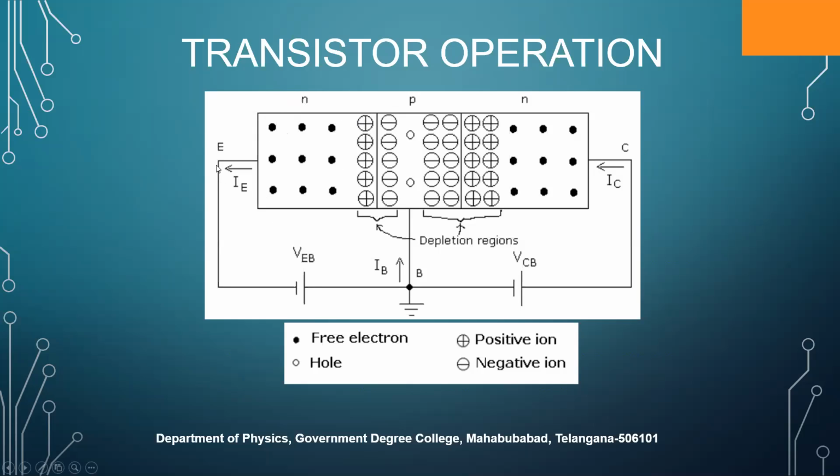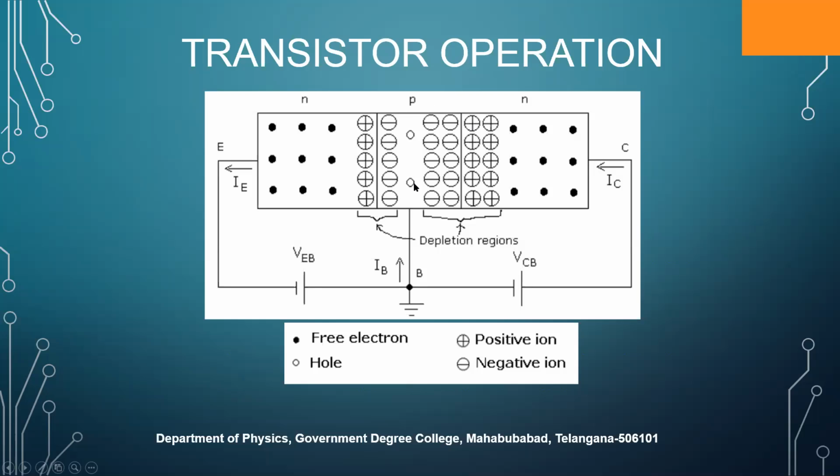Now we are discussing the case without any bias. Later we discuss bias after applying some voltage. Just remember, in N-type semiconductors, electrons are the majority carriers and holes are the minority carriers. There will be immobile positive ions. In P-type, holes are the majority carriers and electrons are the minority carriers.